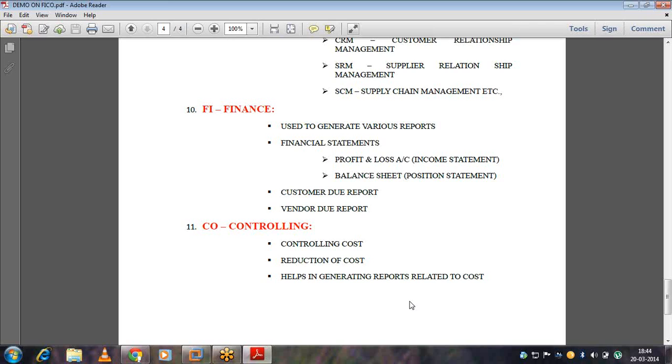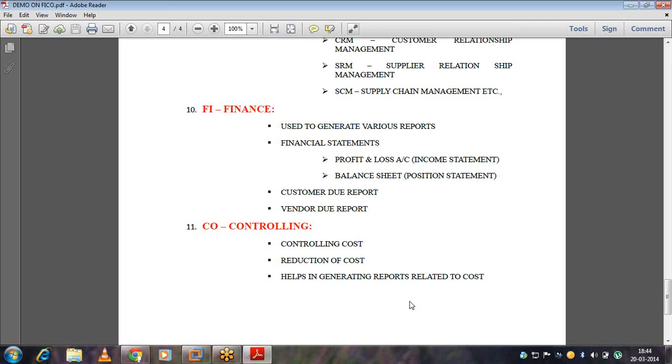Not only that, the controlling module will help the organization. This is important, please. The controlling module will help the business organization in generating various cost related reports at various levels and divisions of the organization.